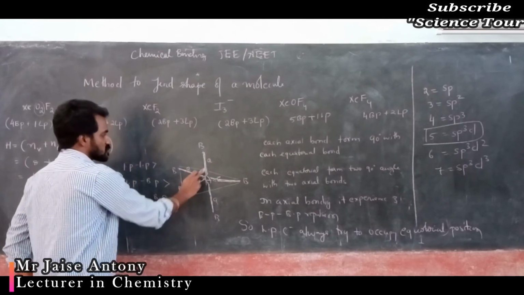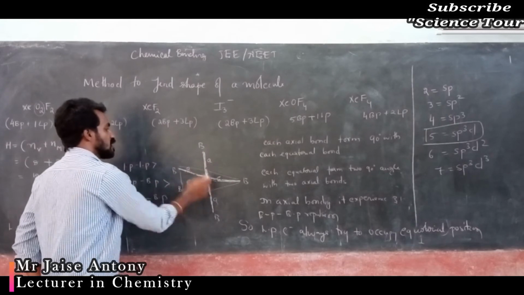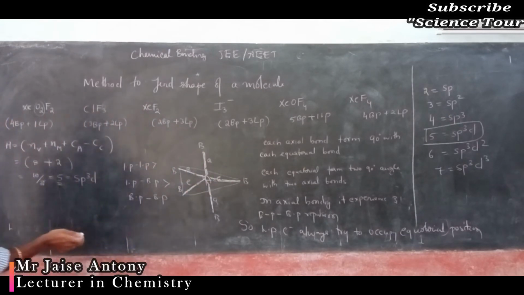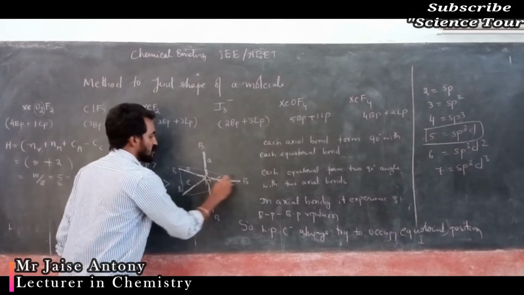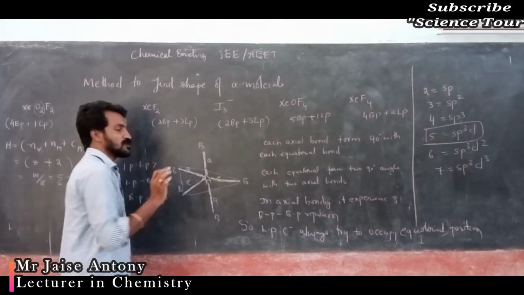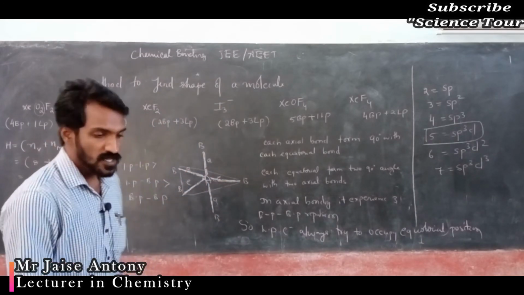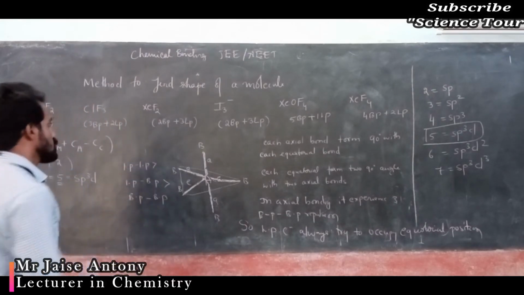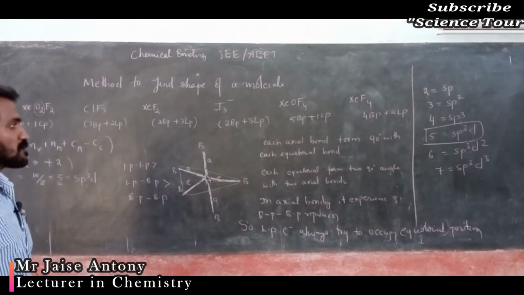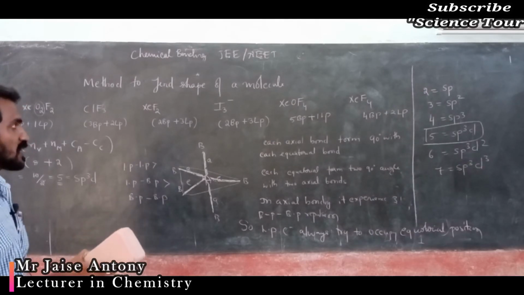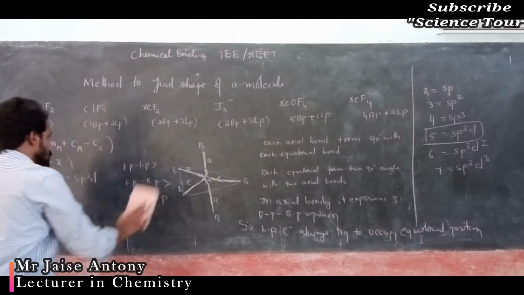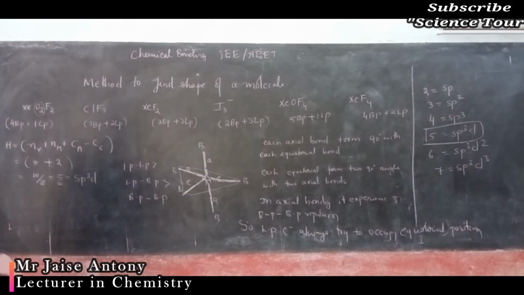So in order to avoid repulsion, if there is any lone pair of electrons, it always prefers the equatorial position, not the axial position. So this is about trigonal bipyramidal, axial and equatorial. Based on that, if there is any lone pair of electrons, you have to place it in an equatorial position to avoid repulsion.